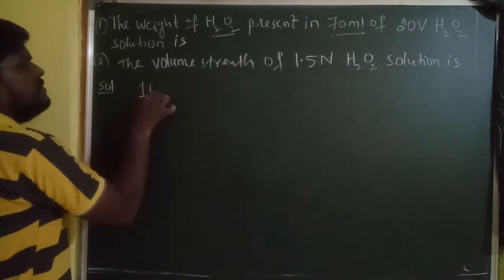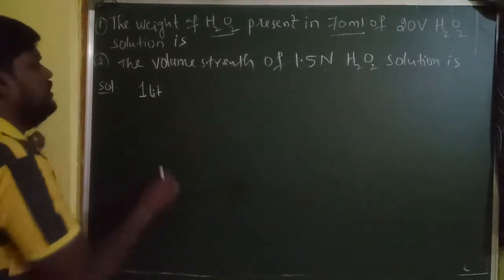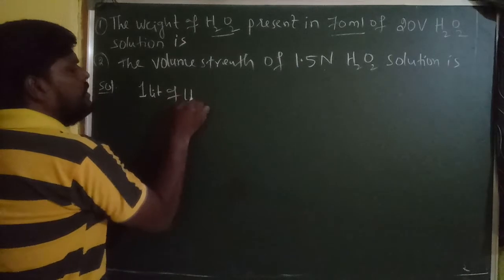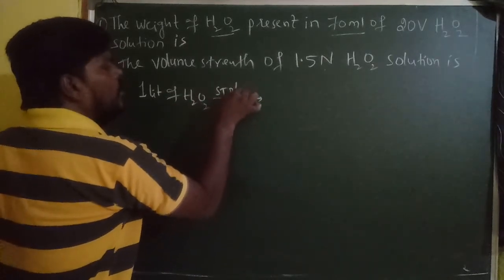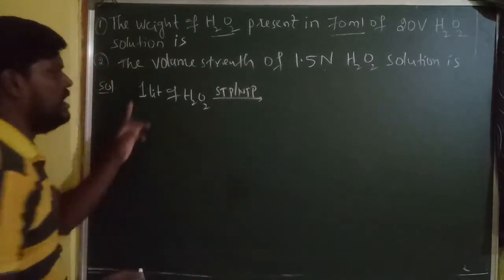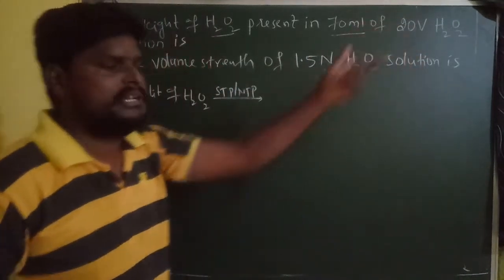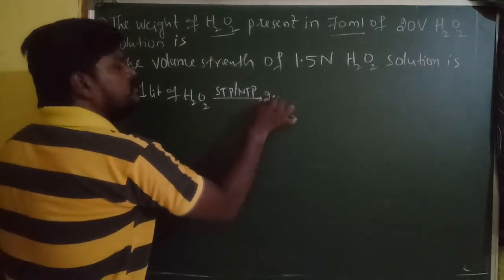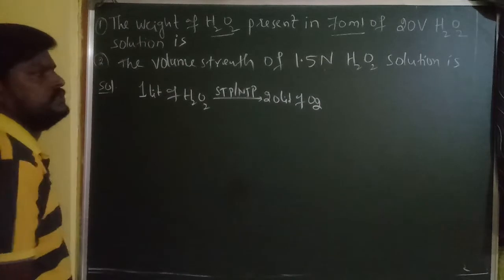According to the concept of volume strength of H2O2, which I have already explained in previous videos, 1 liter of H2O2 at STP or NTP, how much volume strength do we have? 20V. That means 20 liters of oxygen should be produced.